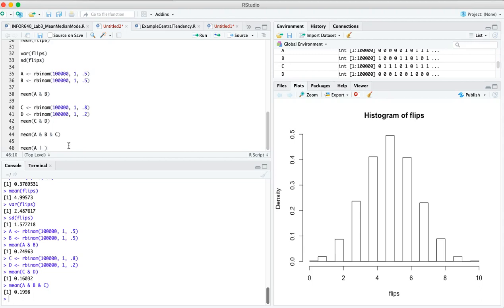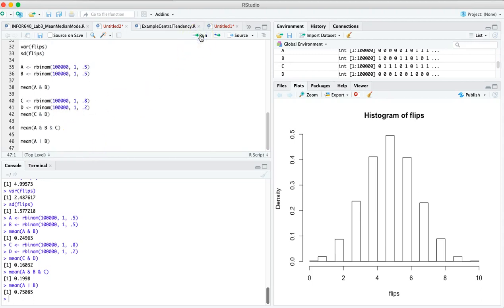That's probably in the upper right-hand corner of your keyboard, possibly right above the Enter or Return button on the right-hand side. So we'll do the mean of A or B, run that line, and we see A or B is 0.75, just as we would have expected had we calculated this by hand.